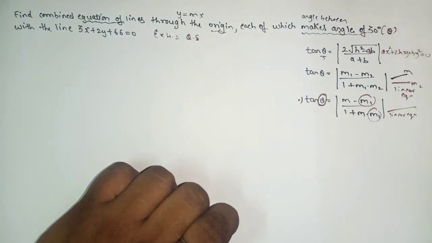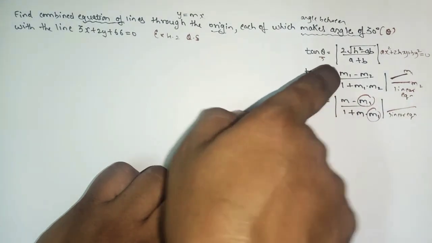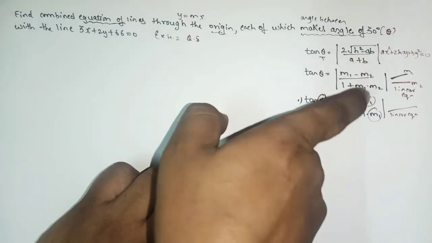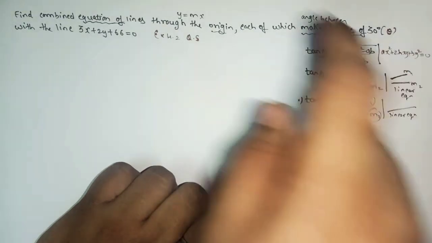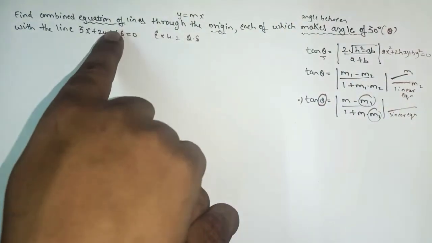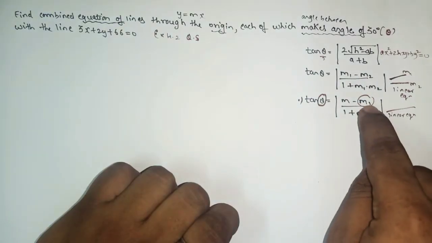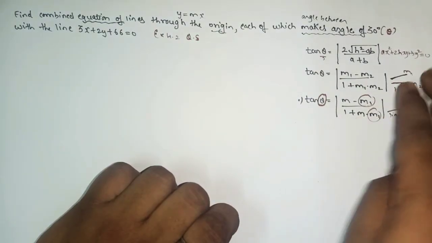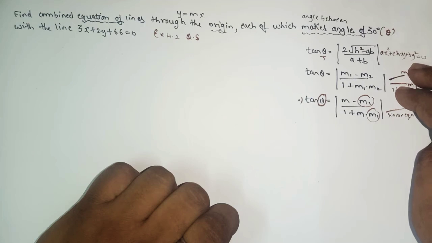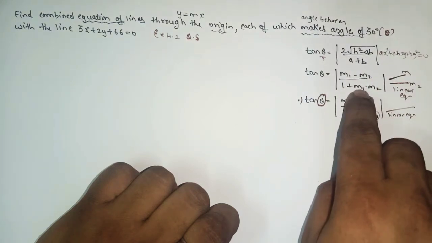Formula number 3 is what? Simply I replace m1 by m and m2 by m1, because for this question we have only one linear equation. So whenever you have one linear equation, apply this formula.